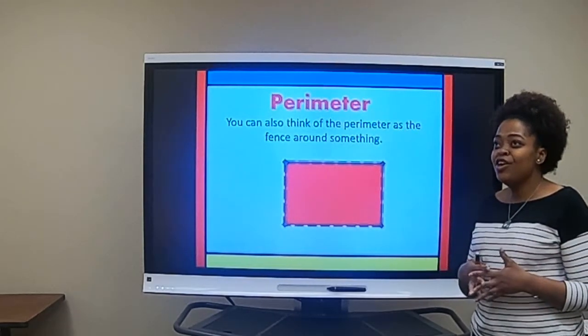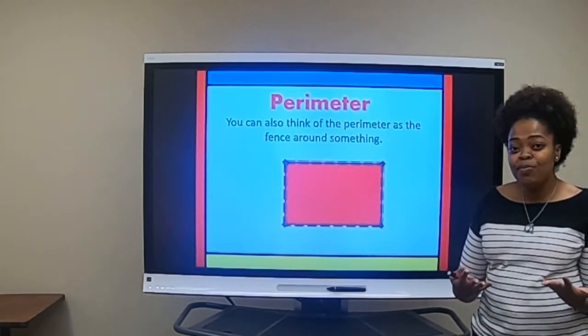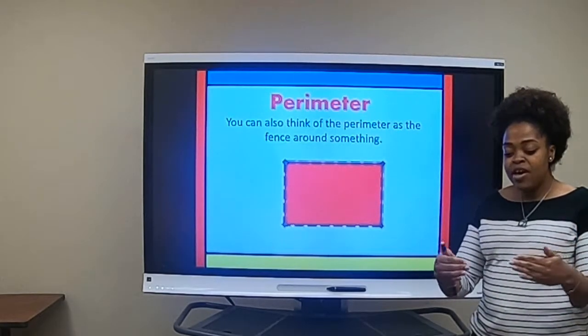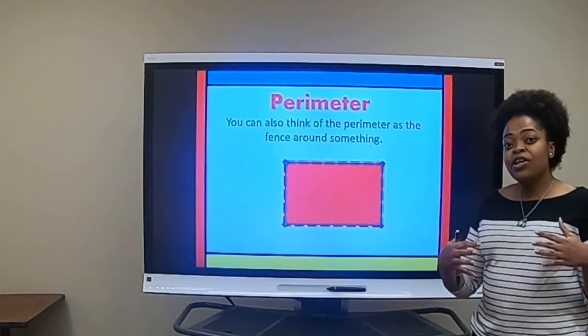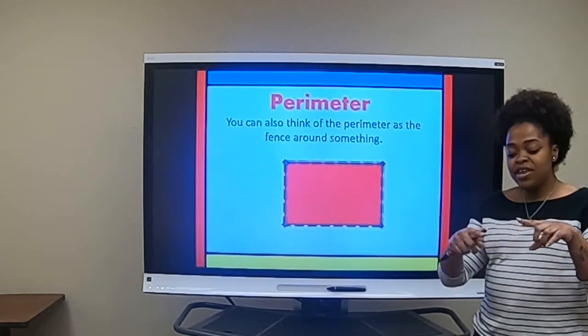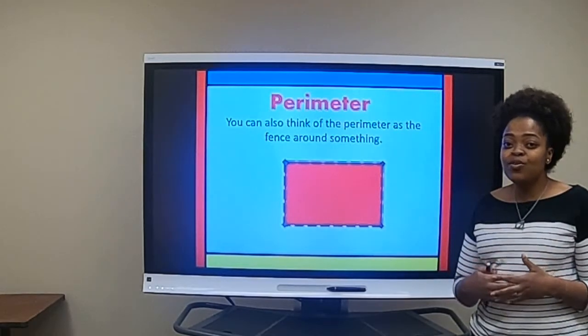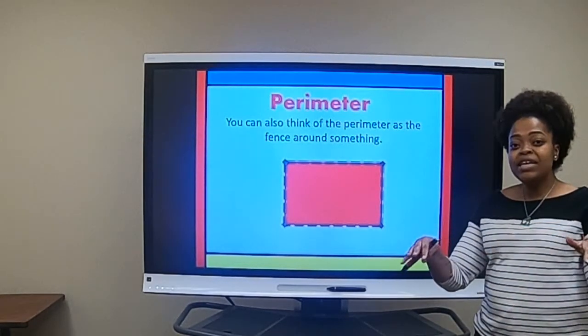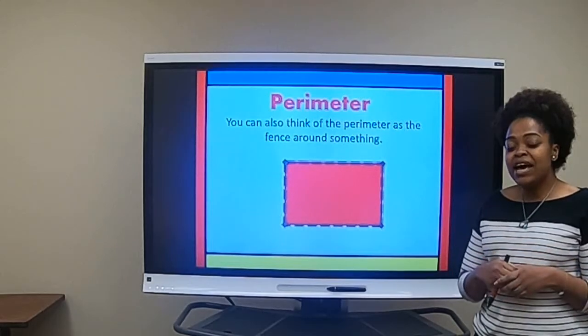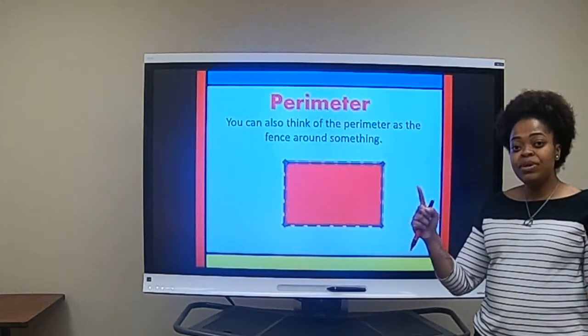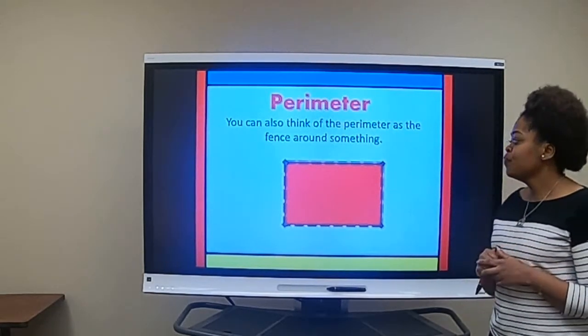Let's say your garden at home, you may have vegetables on the inside and then it may have a fence around it. Or your playground at school. The playground is the area on the inside, but then the fence would be the perimeter.